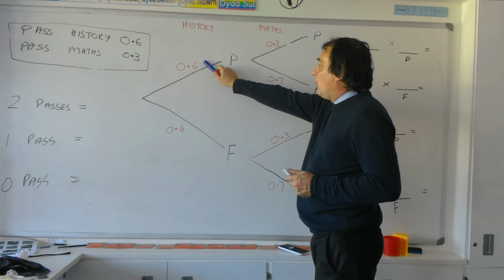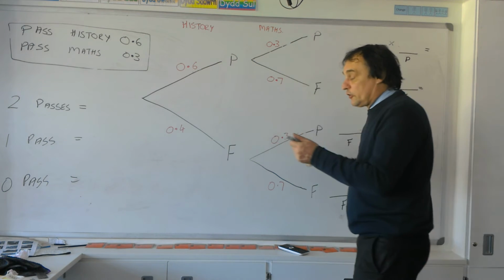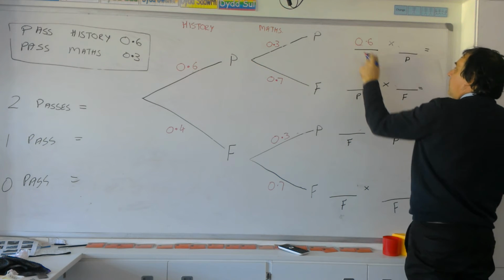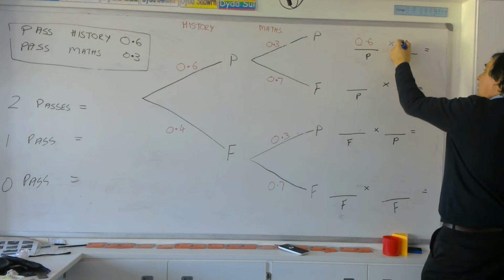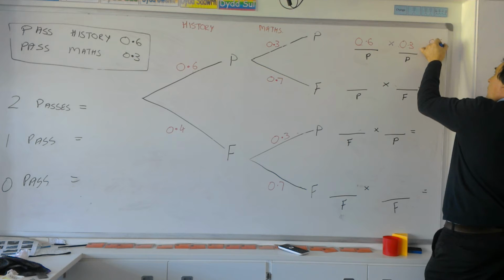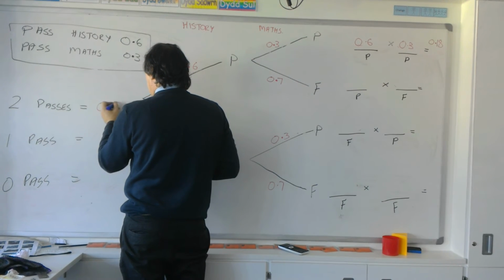So it's 0.6 multiplied by 0.3. We multiply the 2 numbers together: 0.6 for passing your history times 0.3 for passing the maths gives you 0.18. So the probability of passing both exams is 0.18.